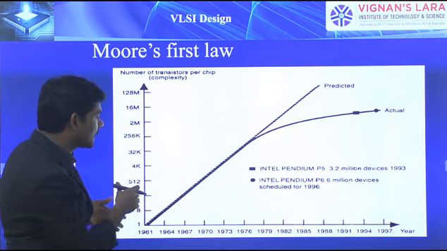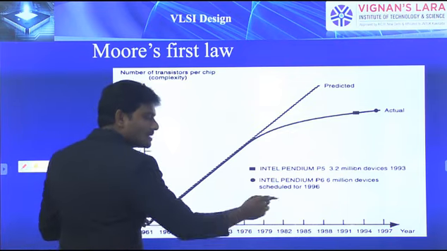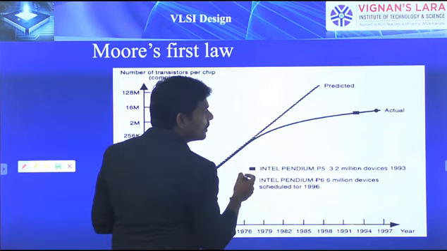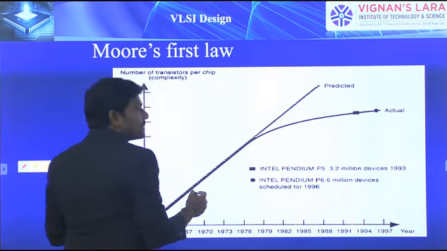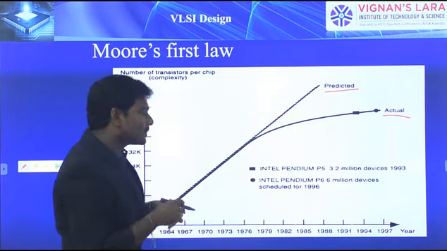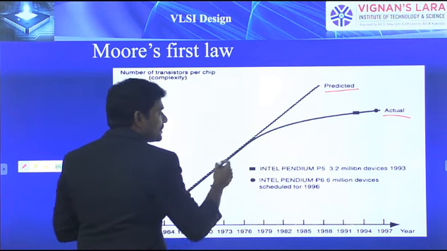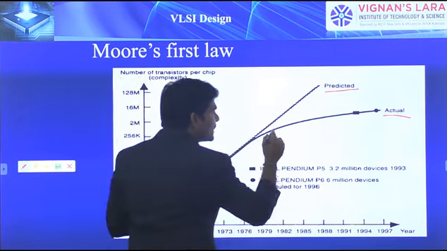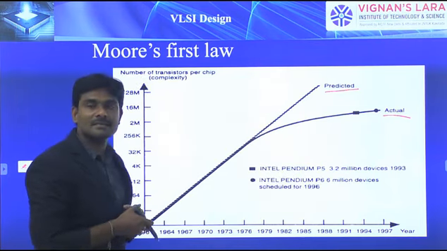Based upon that, here we mentioned the graph. As technology advances day by day, the number of transistors on an IC also gets doubled. But once it reaches the maximum extent, if you look at this graph, the first one we mentioned is the actual and the next one is predicted. As per the prediction, this is the path it should take. But once it reaches the technology's maximum extent, thereafter there is a decrease in the increase in the number of transistors on an IC.